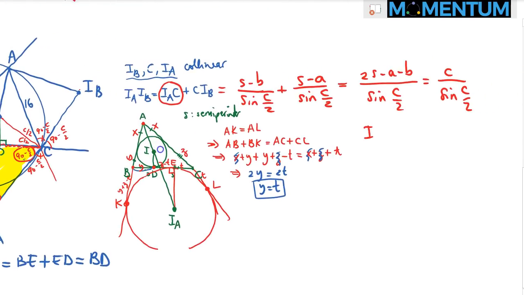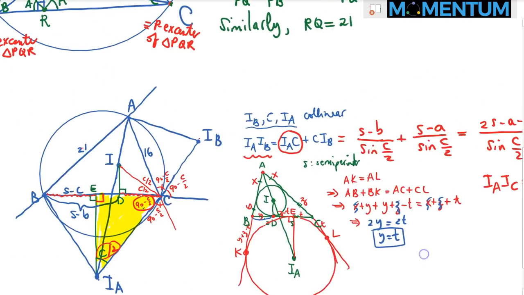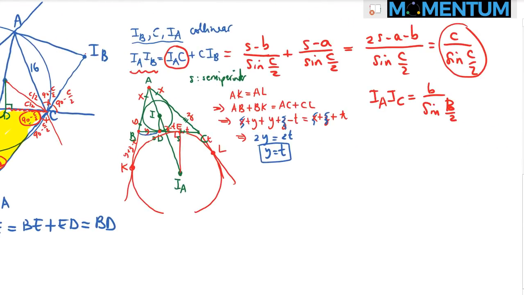But again, by the same token, if IA IB is equal to this, analogously you can calculate this to be b over sine of angle B over 2. And we need the product of these two quantities now. So that's pretty convenient.